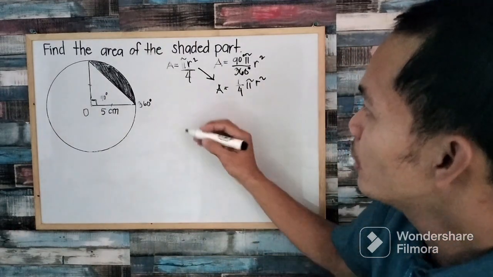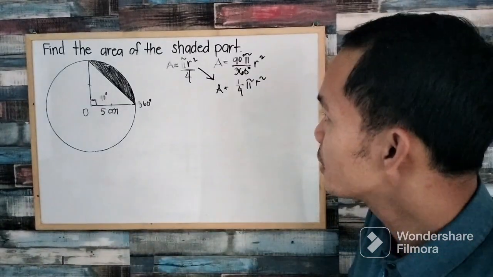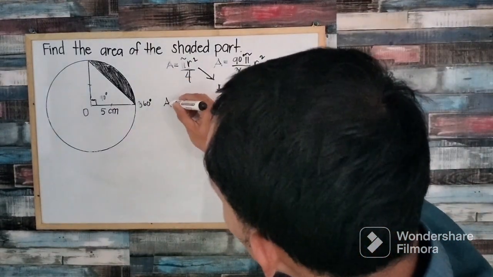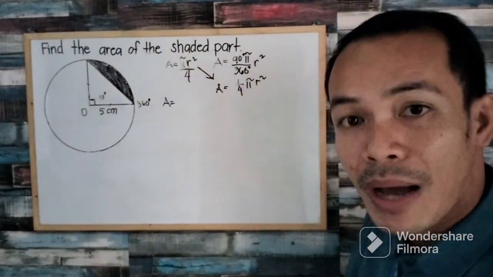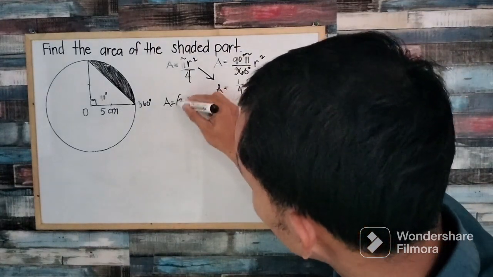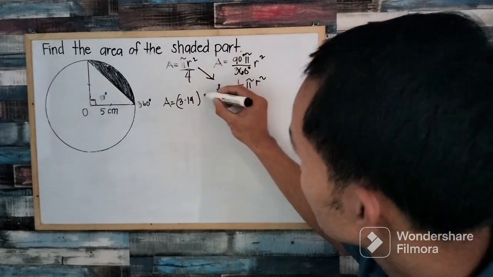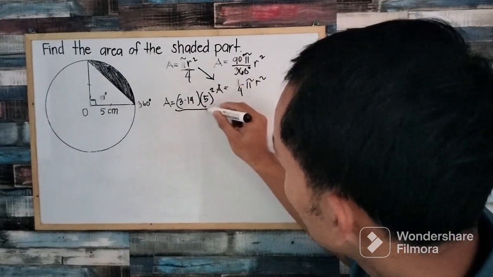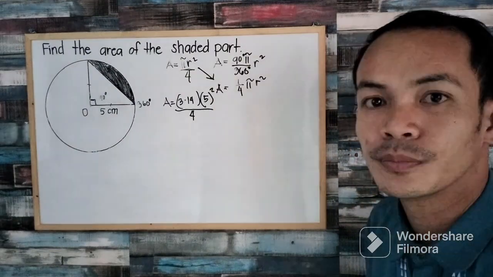Okay? So, ngayon, let us identify the values. Okay? So, area, pi is equivalent to 3.14, that is constant, times the radius is 5 squared divided by 4. Okay?